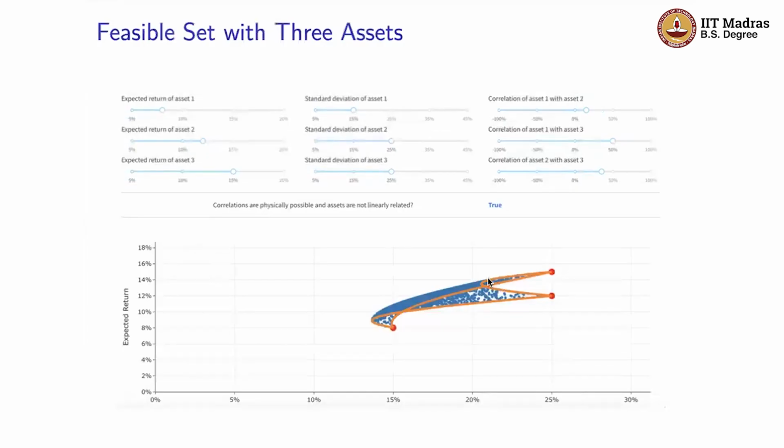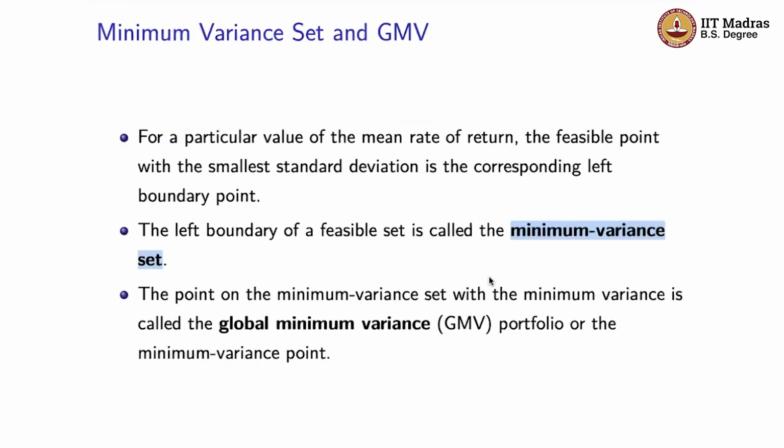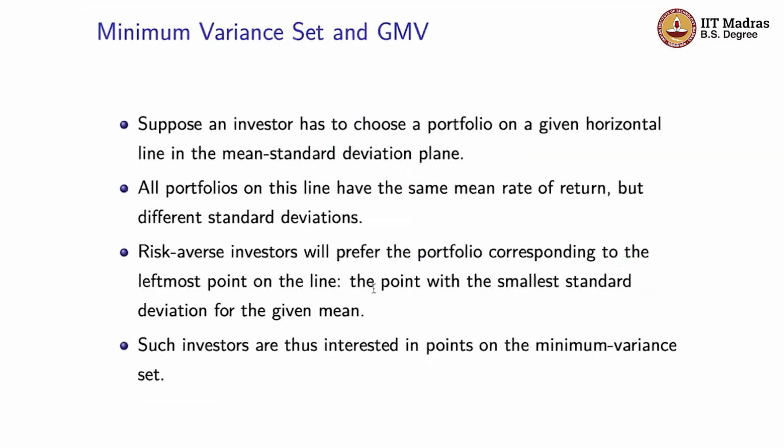Now the mean is fixed, so the only thing they can change is to reduce the standard deviation as much as possible, and so they would want to end up with the leftmost point that is achievable here. That's where we get the statement that they would prefer the one with the smallest standard deviation for the given mean.